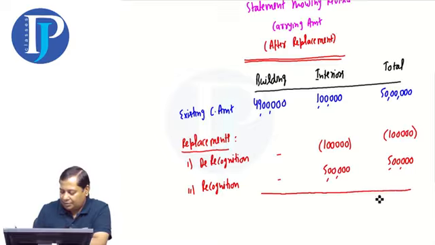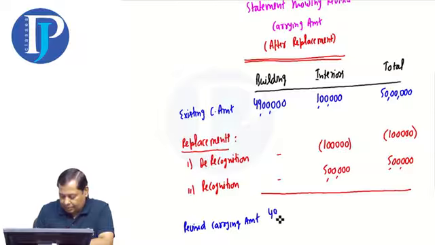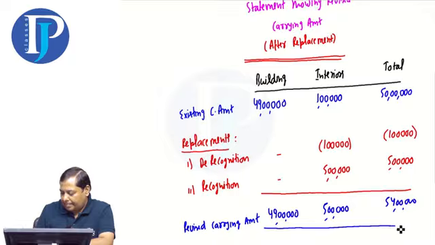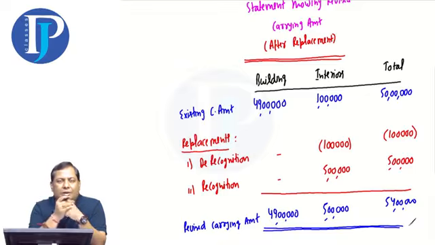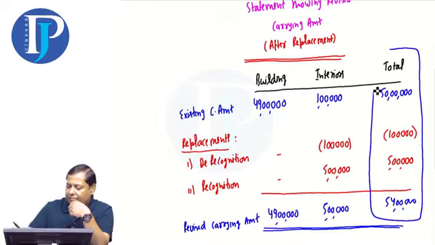So revised carrying amount: this is 49 lakh rupees, here this is 5 lakh rupees, this is 54 lakh rupees. It's a small thing, but it often causes confusion. And this 54 column was given in the answer, but it should be presented like this.